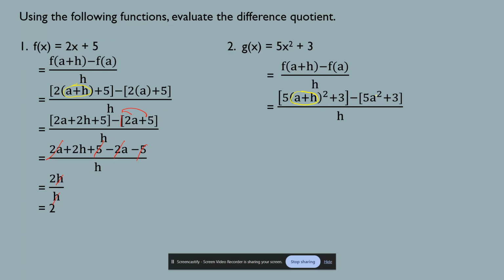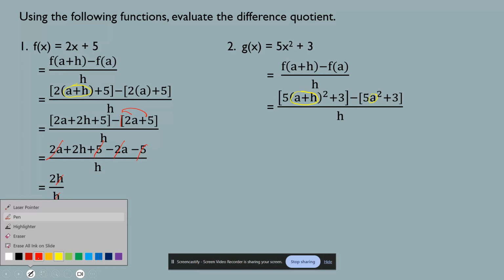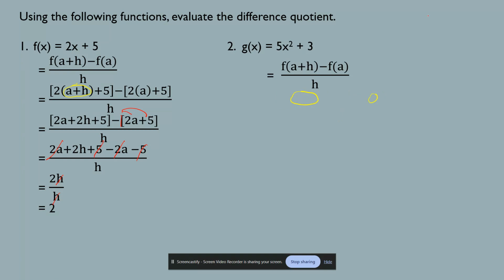And then right here, same thing, my x as a here. Then, please make sure when you're doing this, you need to square that. So always remember, a plus h squared is the same thing as a plus h times a plus h.